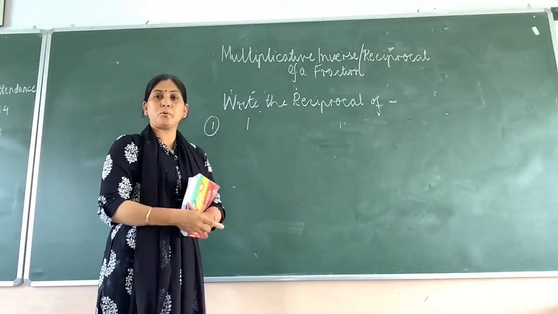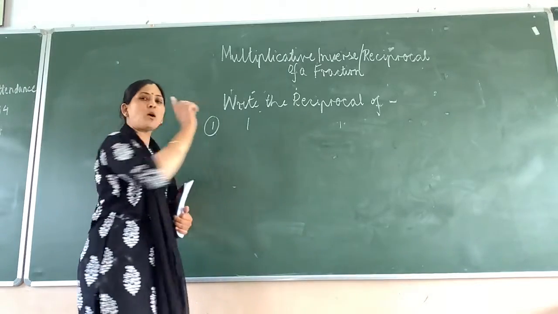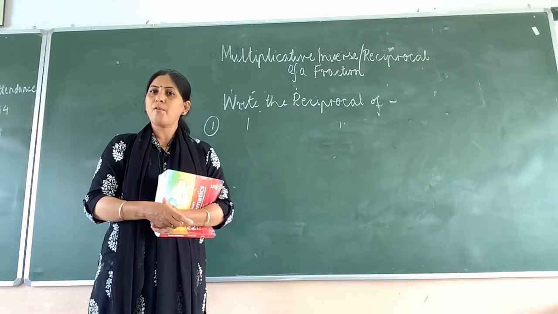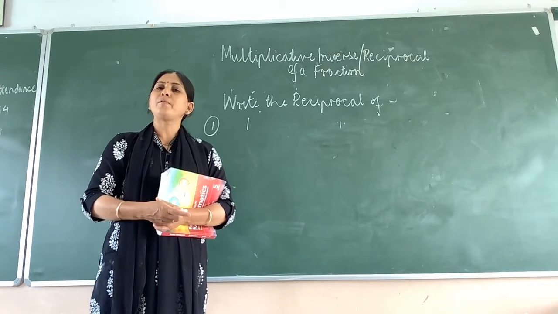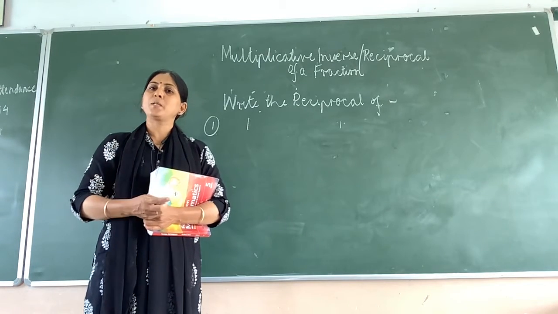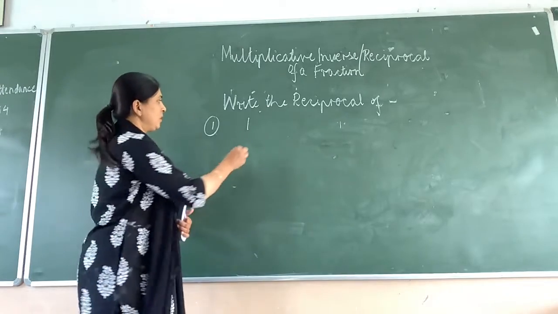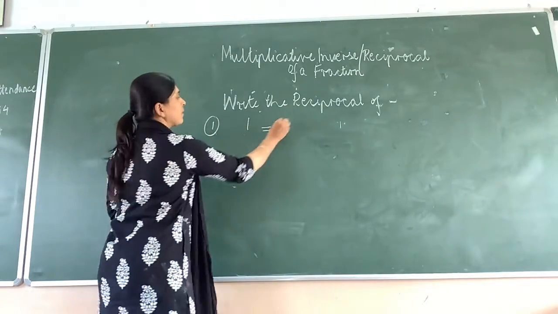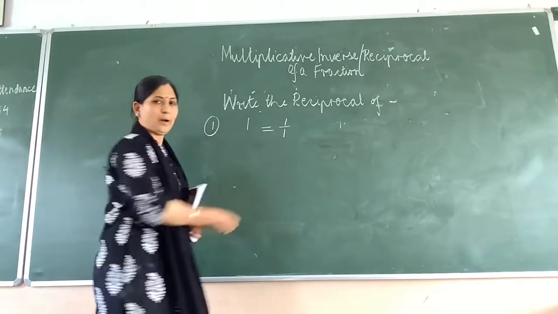What will be the reciprocal of 1? Now 1 is a whole number, isn't it? Can we write it in fractional form? Whenever we write in fractional form, in the denominator place, what do we write? We write 1. So 1 can be written in fractional form as 1 over 1.